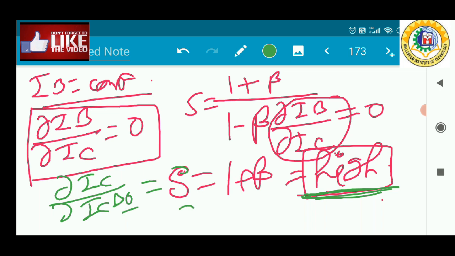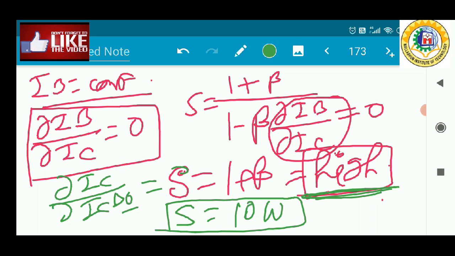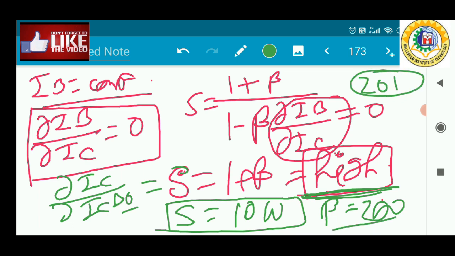That is not desirable. What we desire is that S should be as low as possible. In this circuit that is not happening. The practical value of beta is about 100 or 200, so the value of S comes to about 201. That is very high, so that is not desirable. We want S to be as low as possible.